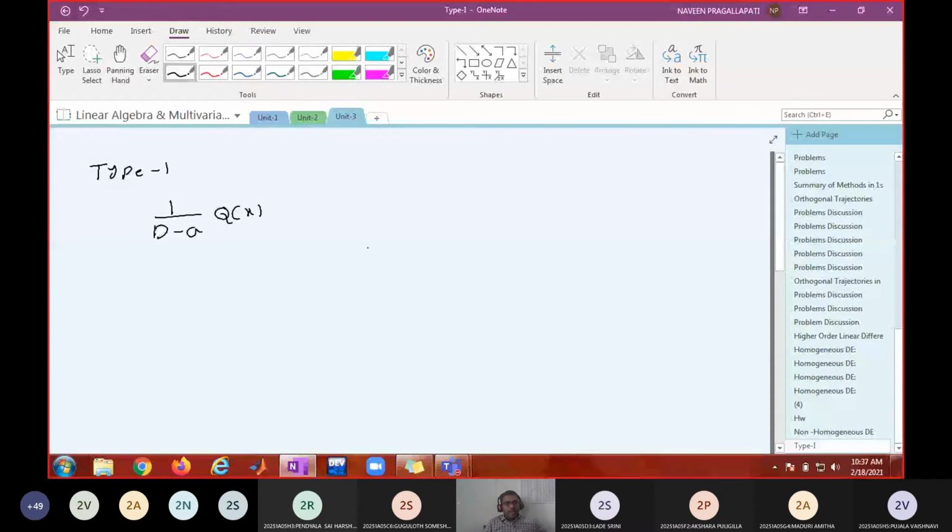Our general form is yp equals 1 by f of D into Q of x, right? So if f of D is in the form D minus a, what will be the particular integral?